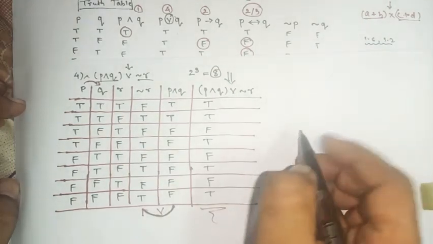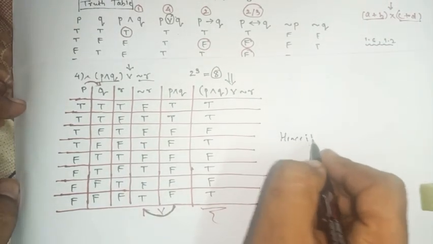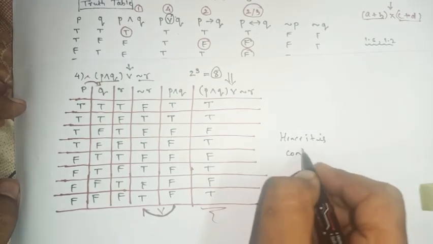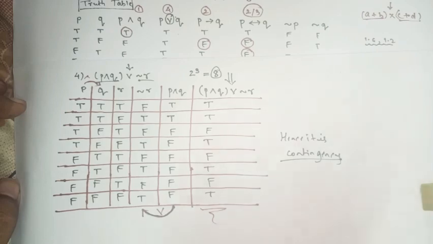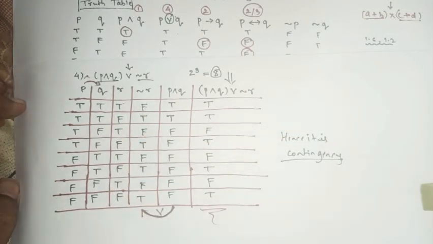So hence it is contingency. The meaning of contingency is what? It is neither tautology nor contradiction. So that means it is contingency. Got the points? Understood? So we can say that this is the end of the truth table.